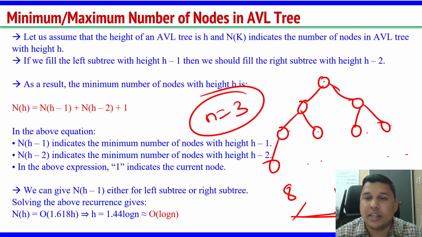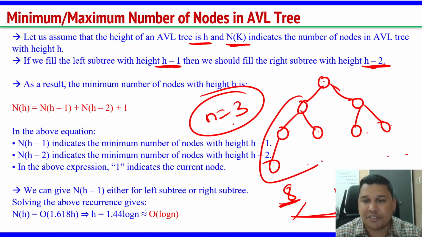Okay, let us see for this. Let us assume the height of the AVL tree is h and n of h indicates the number of nodes in an AVL tree, right. When h is 3, we found out it is 8. Okay. So, if we fill the left subtree with height h minus 1, then we should fill the right subtree with height h minus 2, right. See, this left subtree I have filled with height how much?